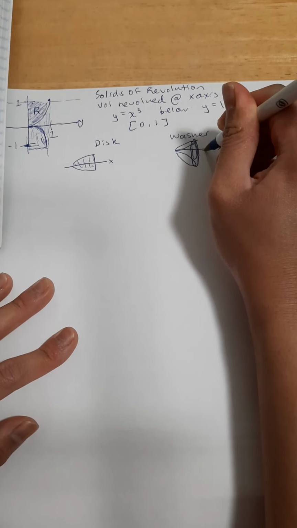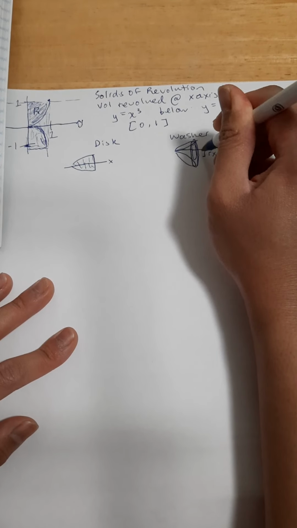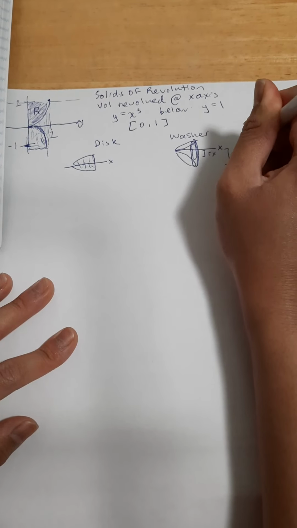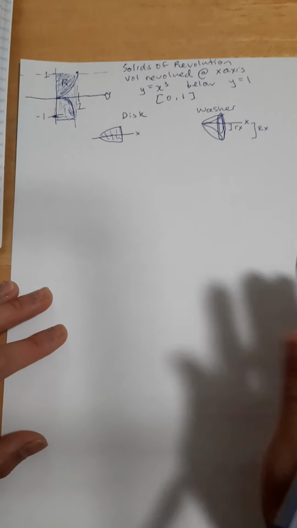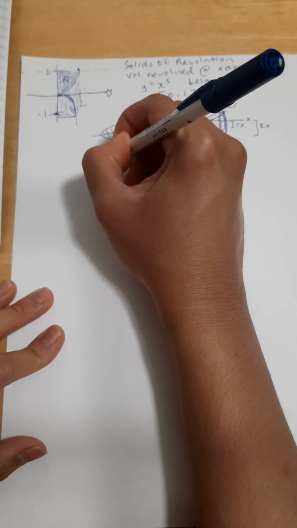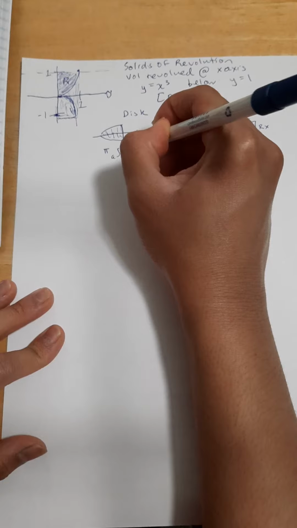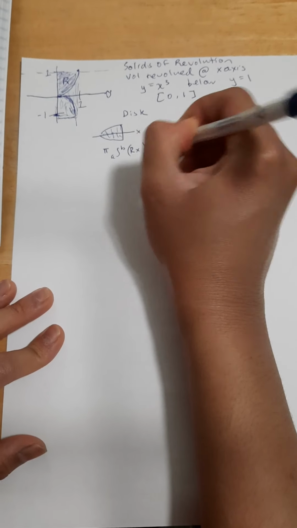This involves a smaller radius, little r of x, and a larger radius, big R of x. The disk method is pi times the integral from a to b of R of x, this whole thing squared, dx.